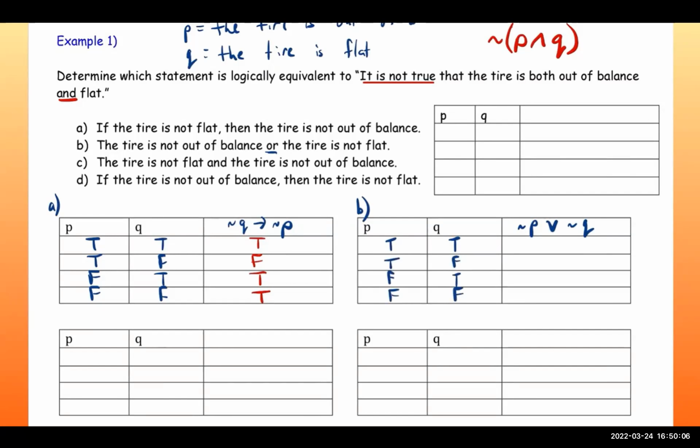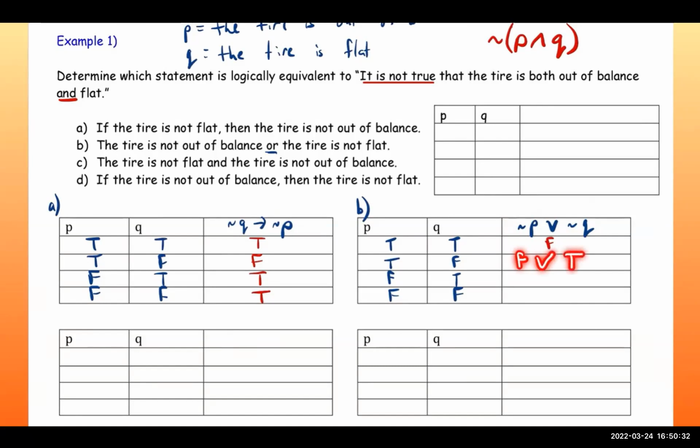For the first one, it's going to be not P, that would be false, or not Q, which would be false. False or false is false. For or, one of them has to be true in order for the statement to be true. But since they're both false, the statement is false. The next one is not P is false, or not Q is true.